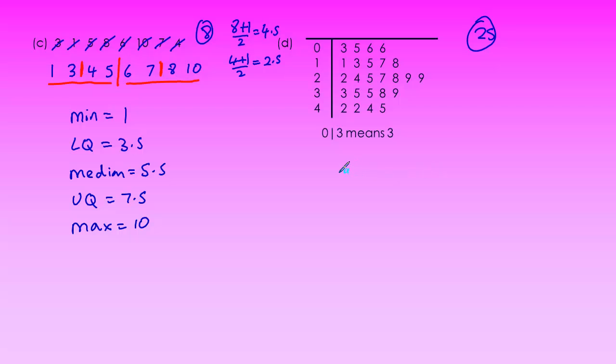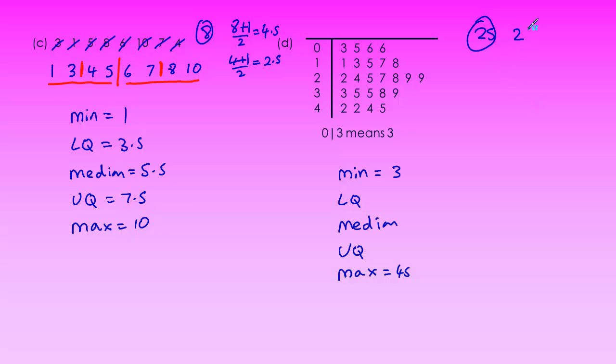So we've got the minimum, the lower quartile, the median, the upper quartile, and the max. Now, because it's in order, we can easily see 0, 3 means 3, so the minimum is going to be 3. So if 0, 3 means 3, then 4, 5 means 45, so the maximum is 45.